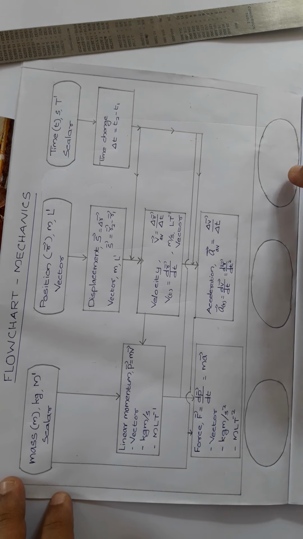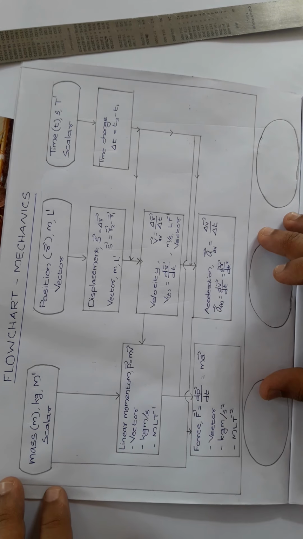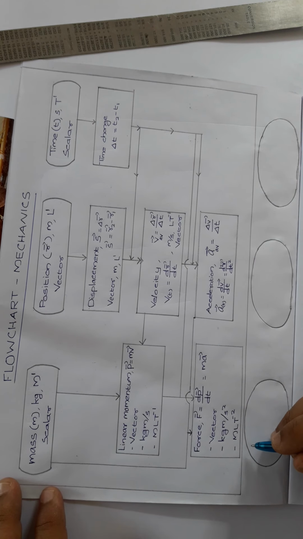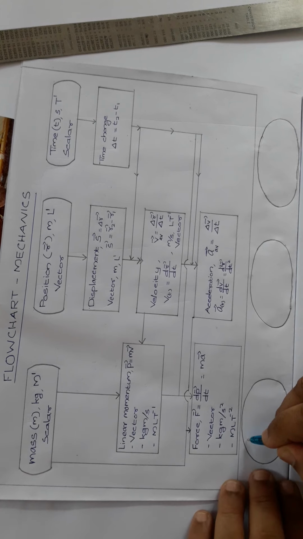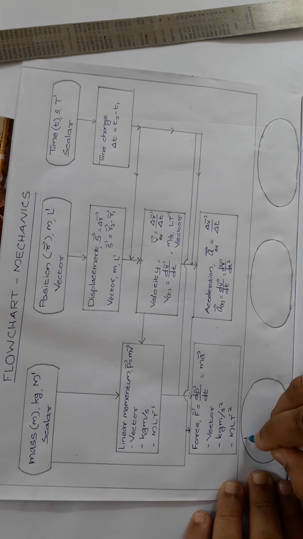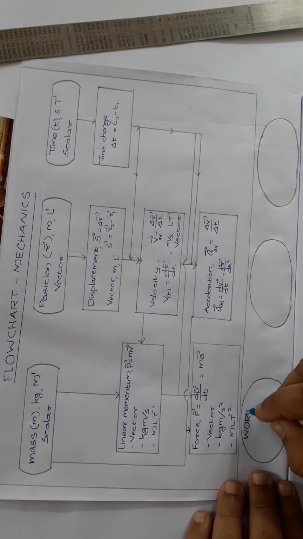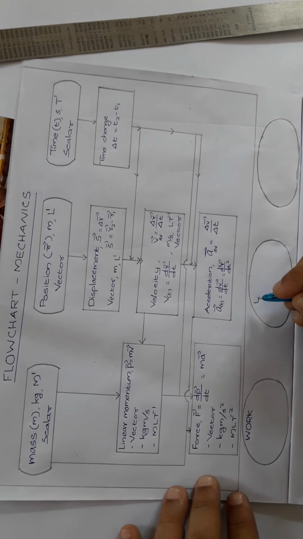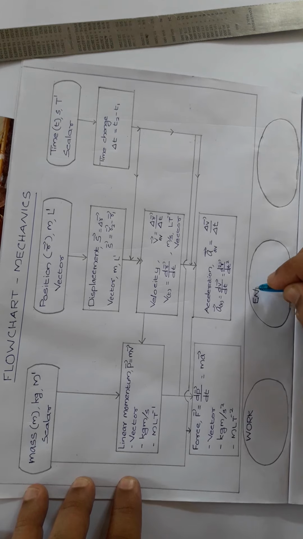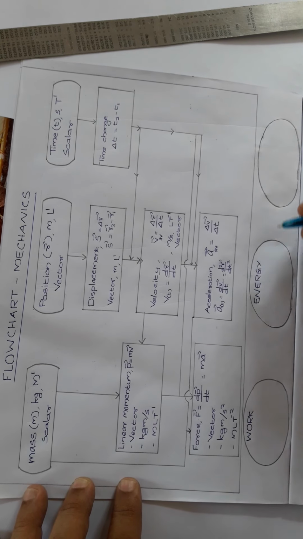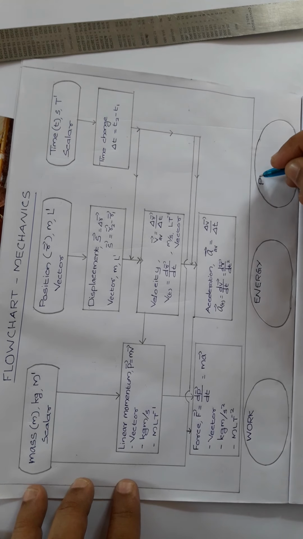I'll treat them as the products which I have got from this discussion, and all the 3 products will be very familiar to all. The first one is the work done, the second is energy, and third is power.